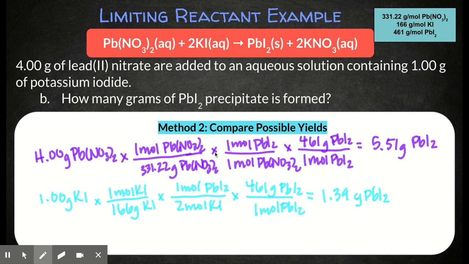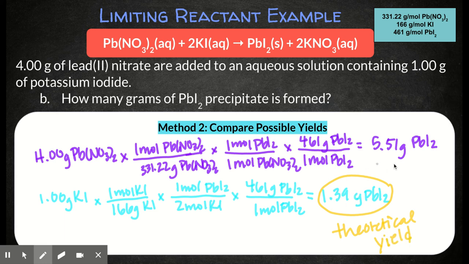Now, what this basically says is that 4 grams of lead 2 nitrate could make 5.51 grams of lead 2 iodide. 1 gram of potassium iodide could only make 1.39 grams of lead 2 iodide. And so the lesser of these two amounts, which is this one, is my theoretical yield. That is what actually could be theoretically made in this reaction.